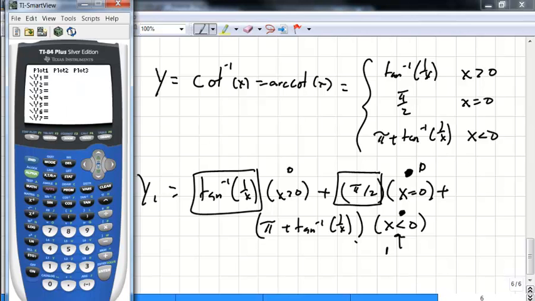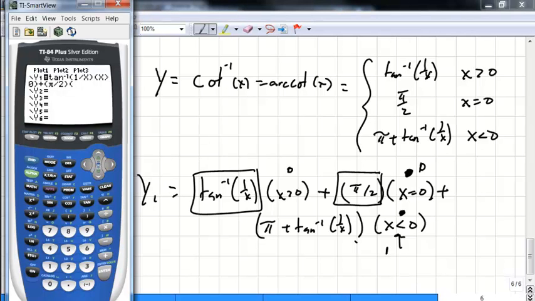Okay, it's complicated to put in, but there it is. So it's inverse tangent of 1 over x times, and then x. Now the greater than, less than you get under the test menu. Greater than 0, so that's number 3. Plus, parentheses, pi over 2.